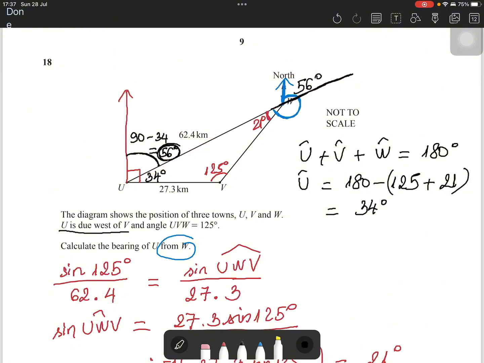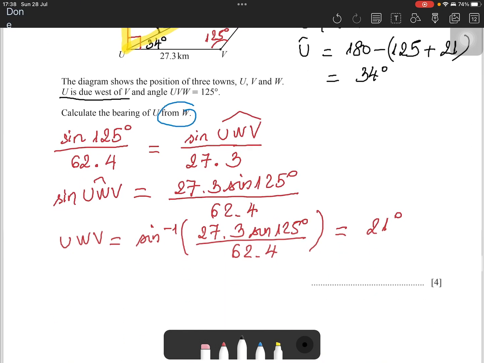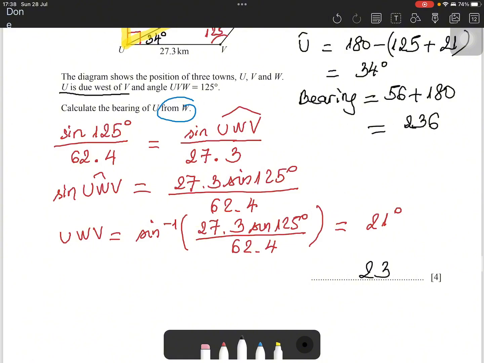So if this angle is also 56 degrees and this angle is 180 degrees, then the bearing is 56 plus 180 equals 236. So the answer is 236.